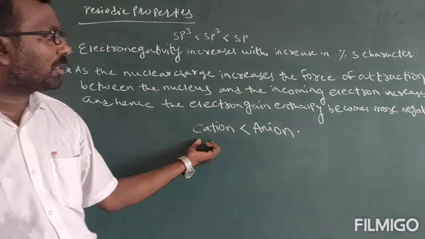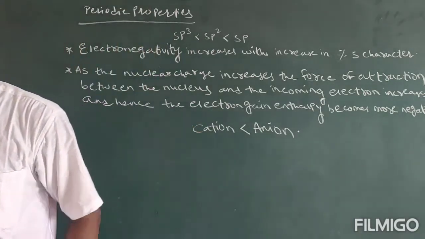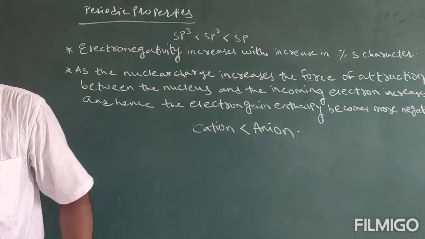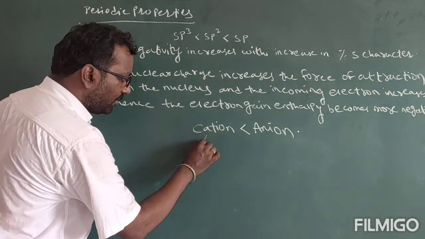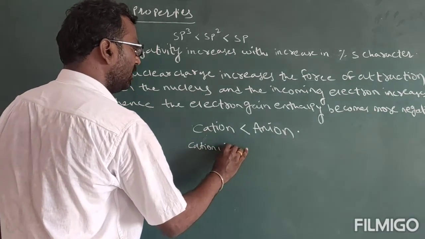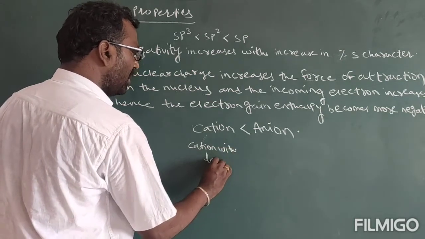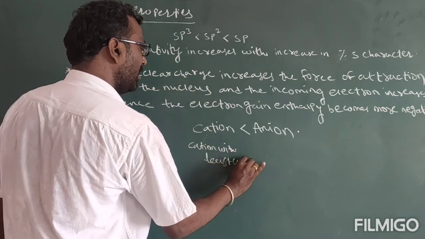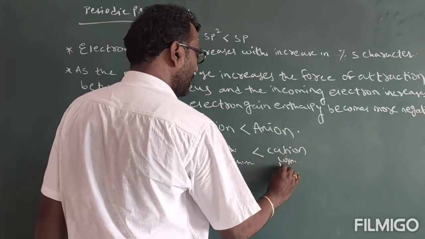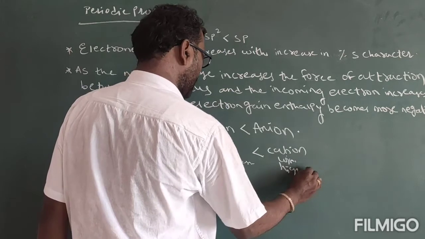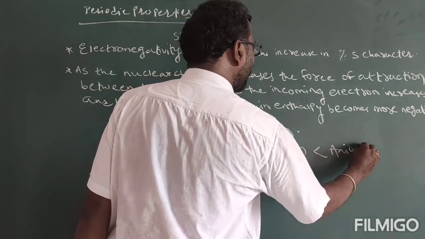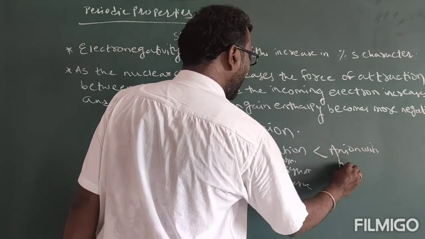Suppose both are having the same charges or different charges, then what about it? The cation with least charge is less than the cation with highest charge, and that is less than the anion with highest charge.